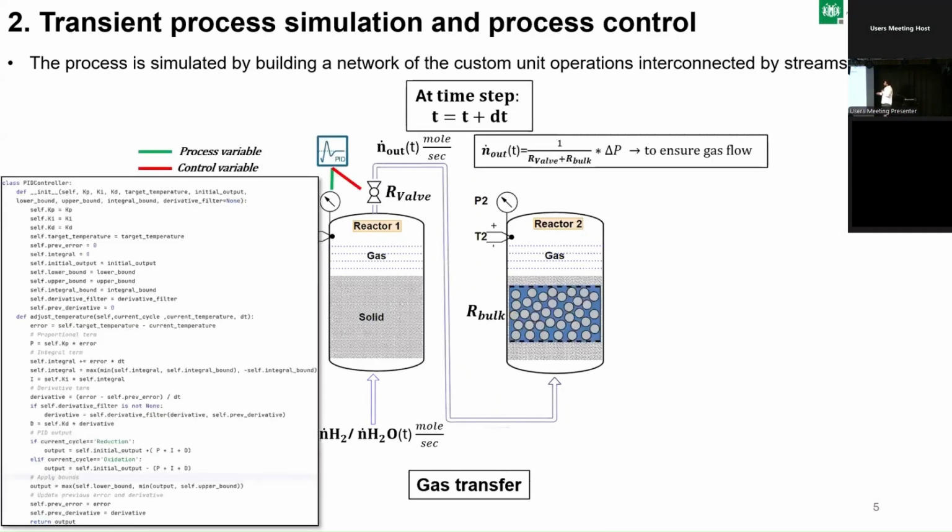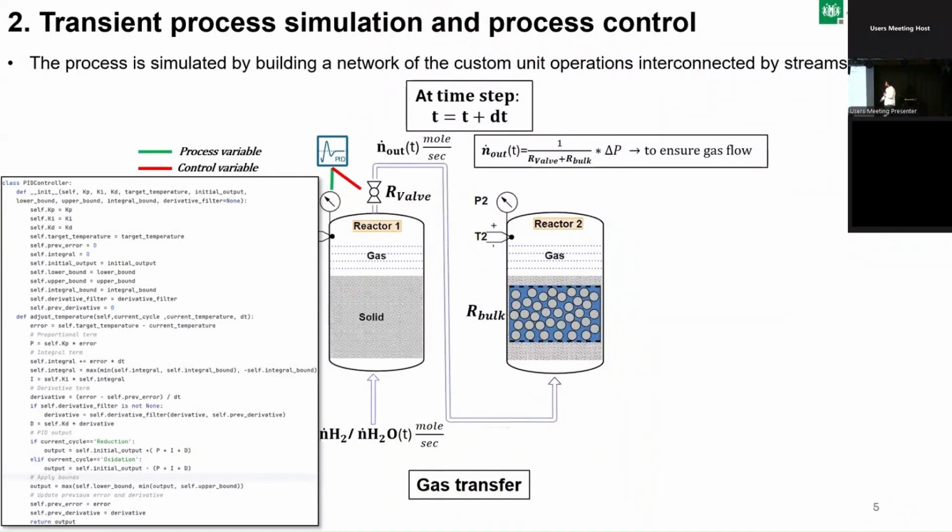And actually, we want it to be more realistic, so we want to control the pressure in the first reactor, to simulate the gas flow from one reactor to another.